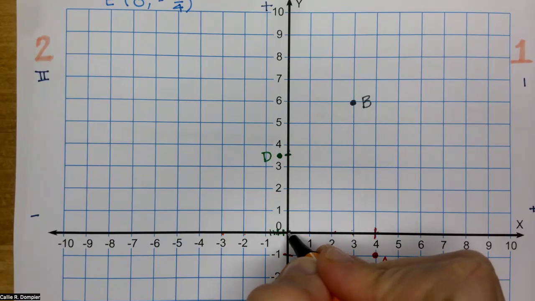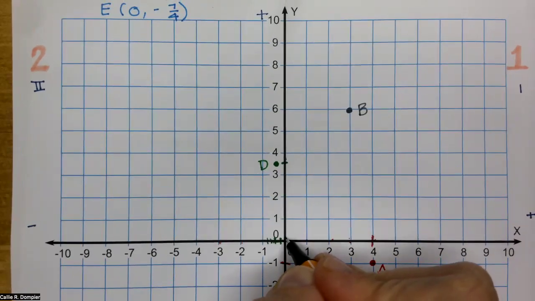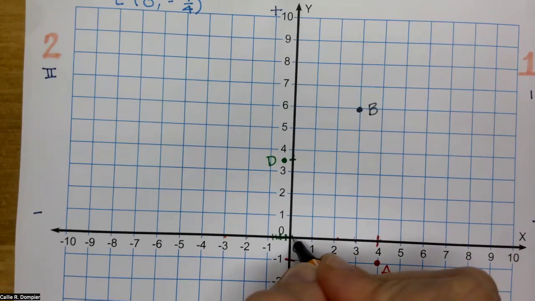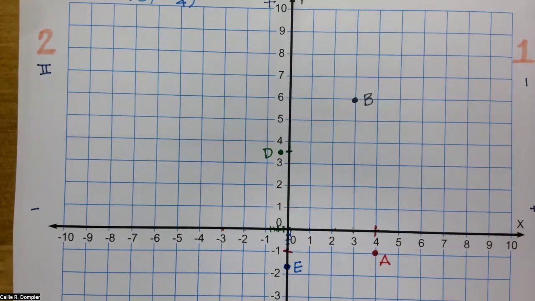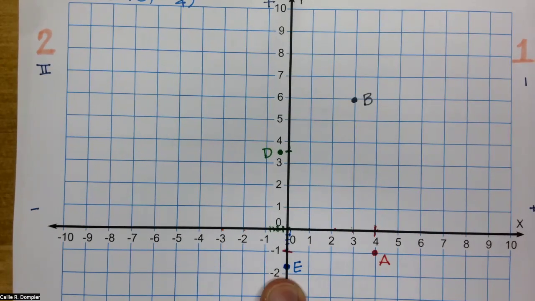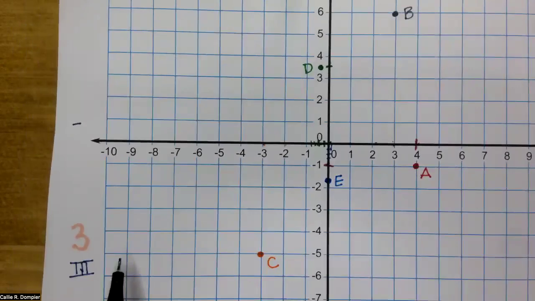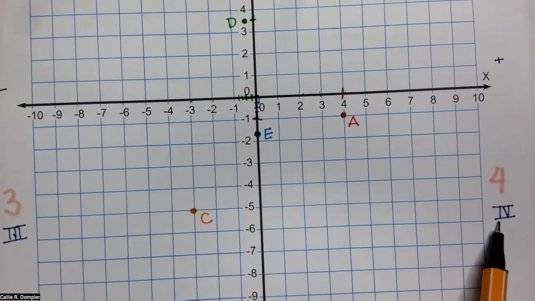Or we can look at 0 on the x-axis, negative 7/4. So we're going to count 7 fourths. 1 fourth makes 1. 1, 2, 3, 4, 5, 6, 7. So that point is going to be right here, point E. E is not in the third quadrant nor the fourth quadrant.